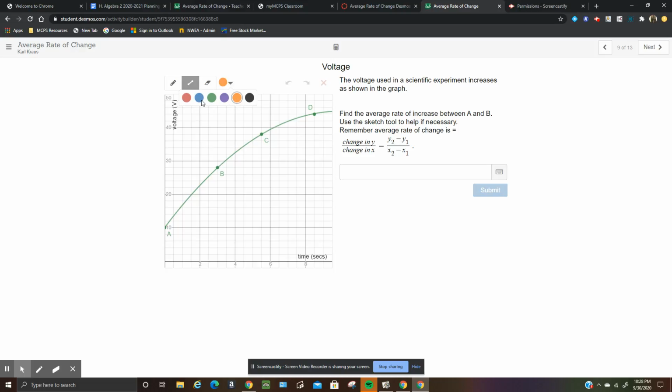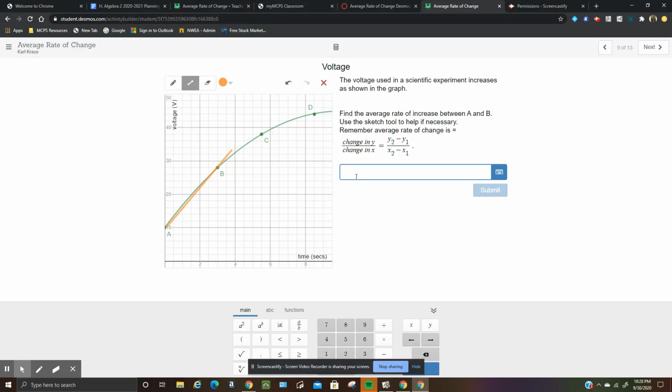If I connect together A and B, I want to find the slope between A and B. And so in the explanation here, A is at 0, 10.